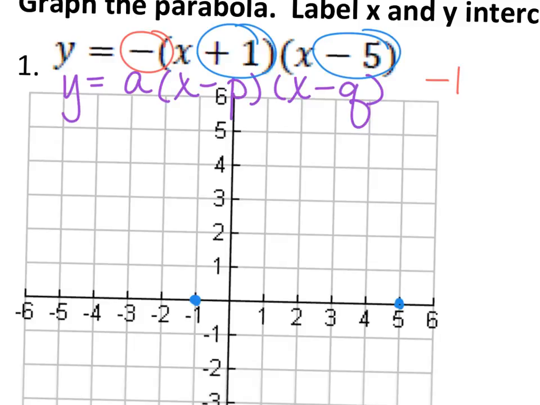How you solve for x is you're going to want to find the middle between your 2 points, and that actually is 2. So once I find that, I'm going to plug that 2 in for x, because I want to find my y value. This is my axis of symmetry, so I know for a fact that in my vertex, my x value is going to be 2. Well, now I need to find my y value. So to find my y value, I'm going to plug in 2 wherever I see that x.